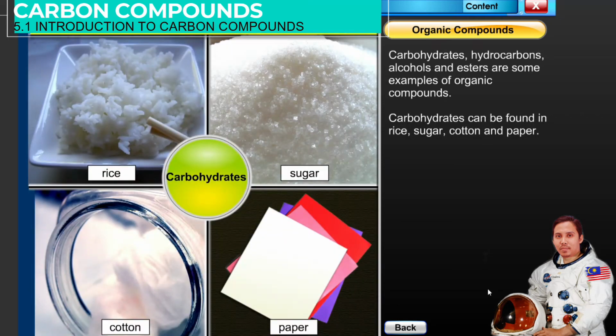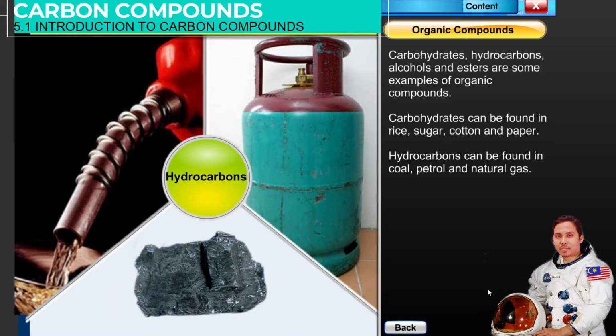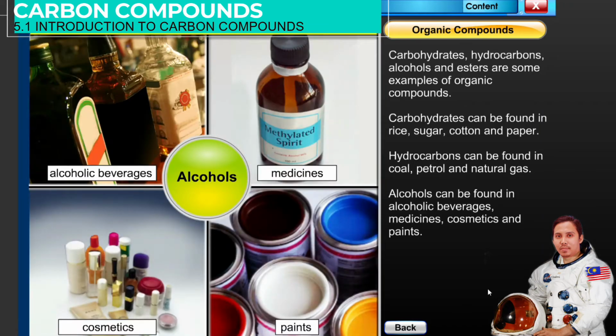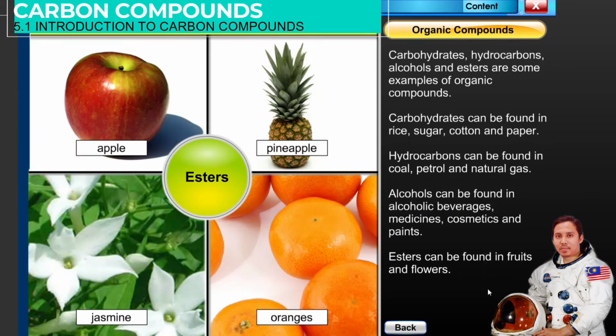Carbohydrates can be found in rice, sugar, cotton, and paper. Hydrocarbons can be found in coal, petrol, and natural gas. Alcohols can be found in alcoholic beverages, medicines, cosmetics, and paints. Esters can be found in fruits and flowers.